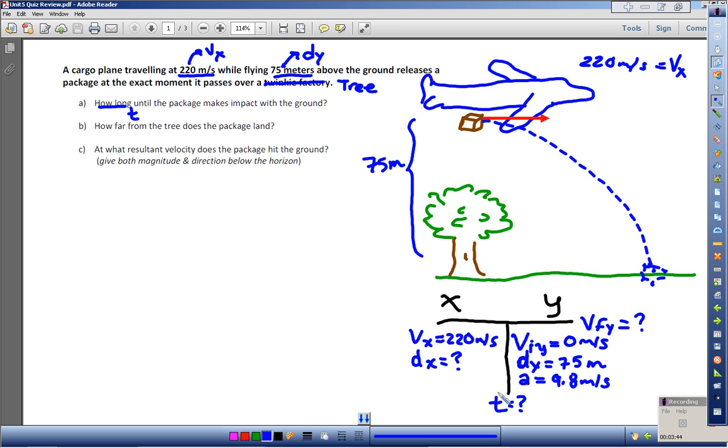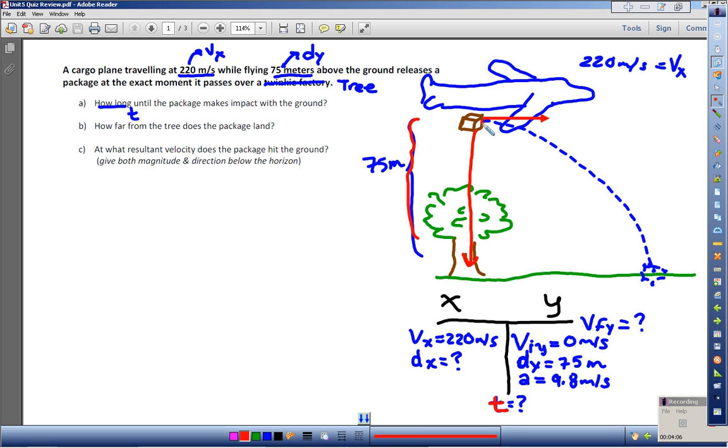So this is my menu, and for part A, this is what I'm asked to find. I want to find how long it's going to take for this thing to be in the air. Well, the fact that it's shot straight out is a hint because it's trying to tell you that it's as if you just dropped the package the height of 75 meters.